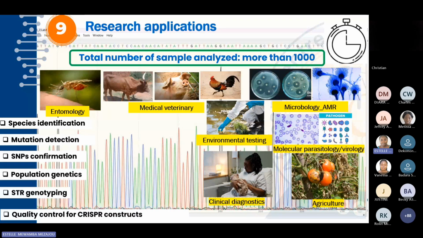You can also apply it in the field of medical and veterinary microbiology, for those working on antimicrobial resistance to detect key genes that could be involved in resistance, in environmental testing in order to detect new pathogens or any sort of pathogen that could be in the water. You can also use it in molecular parasitology and virology, maybe to detect arboviruses, Plasmodium, or other types of parasites that you wish.